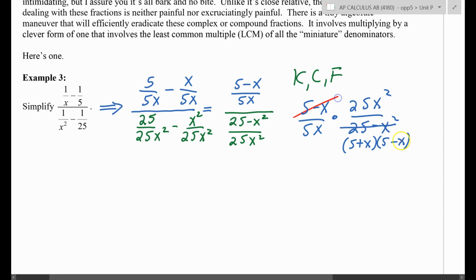This 5 minus x and this 5 minus x, because now it's being multiplied, right? How about this 25 and this 5? Absolutely. How about this x squared and this x? So what's left? 5x on the top, 5 plus x on the bottom.